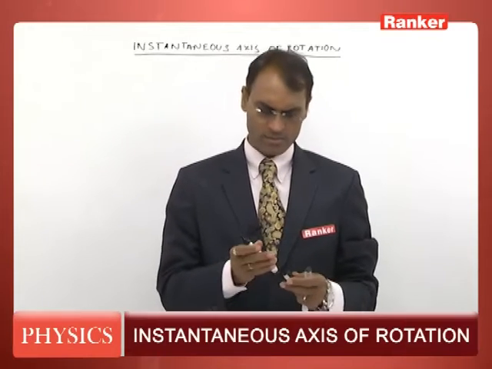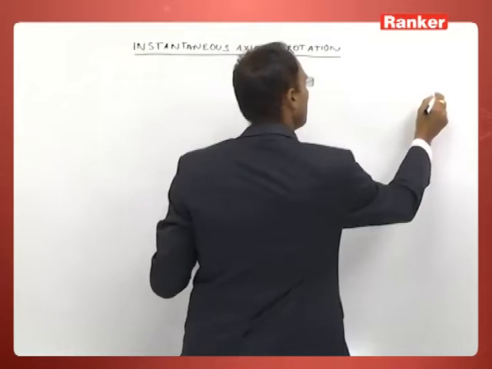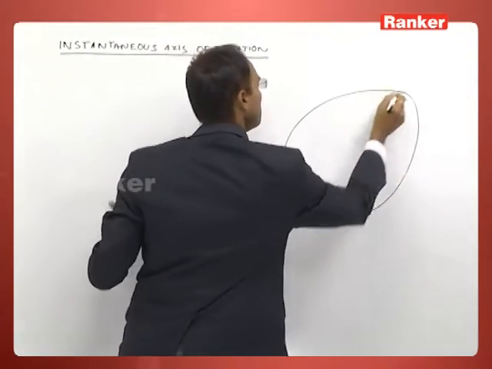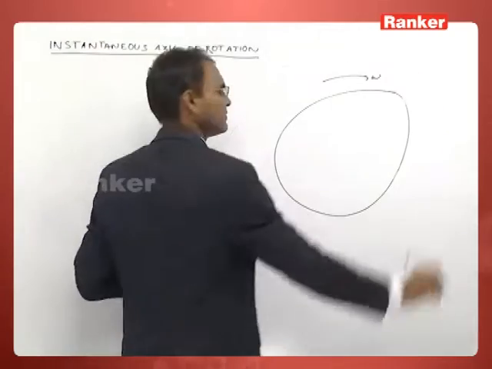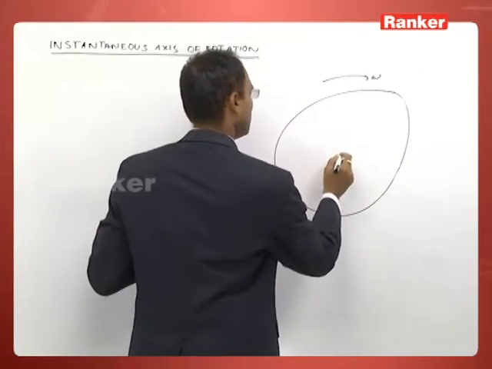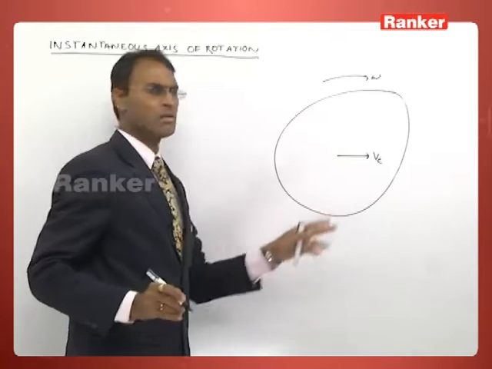For instance, you take this rigid body, plate-like structure, this spins and say the center of mass moves with velocity Vc.